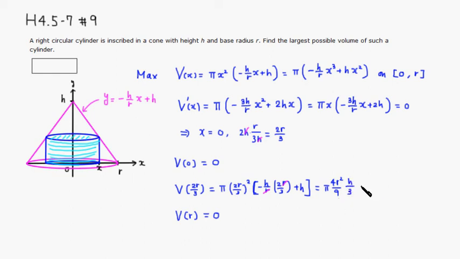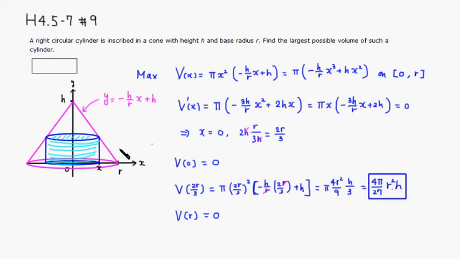Therefore you get 4 pi over 3 times 9, which is 27, r squared h, which is a positive number. So we know that this is going to be the maximum right there.